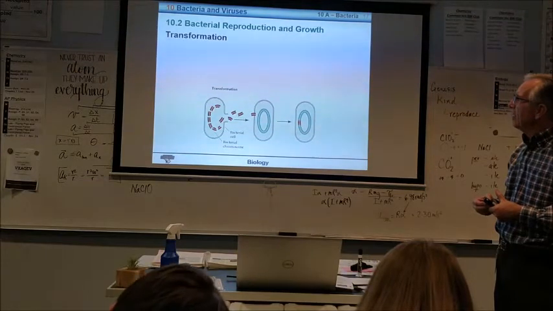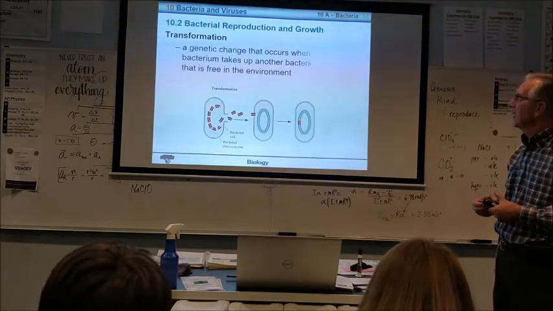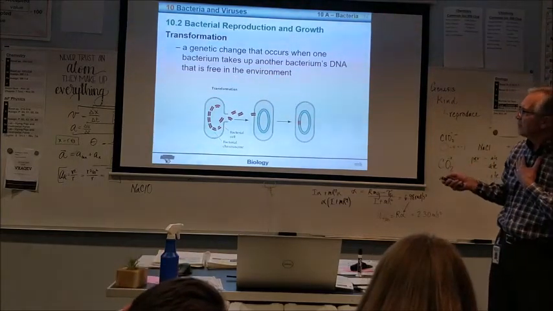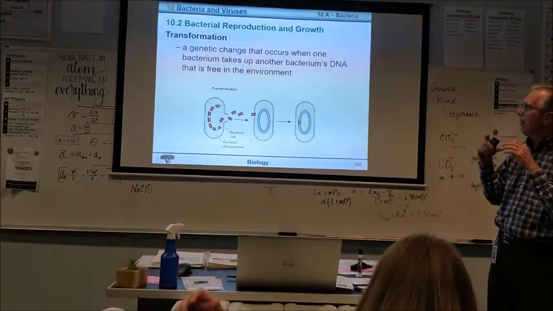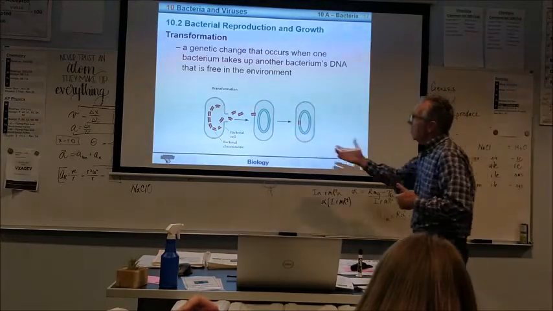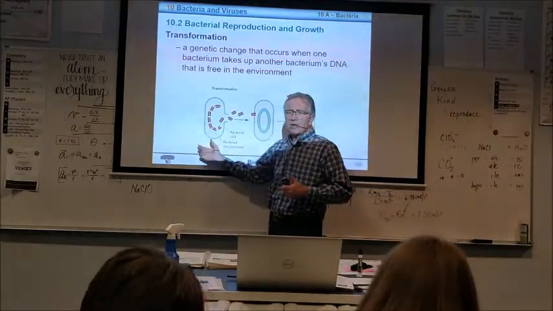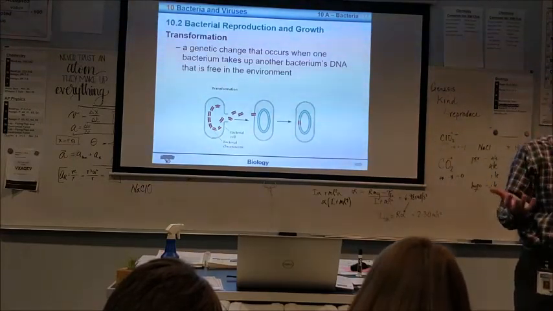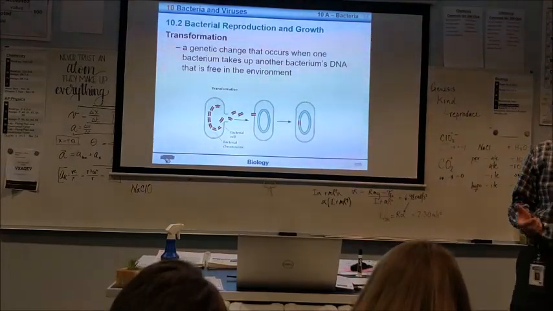Then we talked about transformation. That was the last thing I think we talked about. And this is where it says it's a genetic change in a bacteria because a cell from a bacteria, let's say, for some reason died, and it broke open and spilled out its nuclear material.